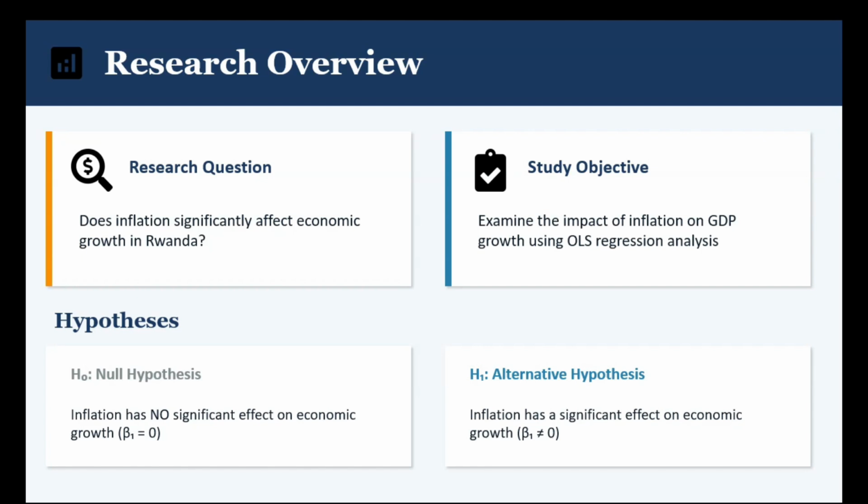There's such a question. His research question can be one or two: does inflation significantly affect economic growth in Rwanda? Yes or no? What will be the objective?